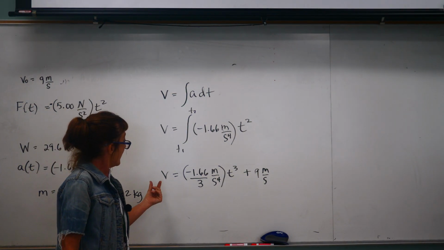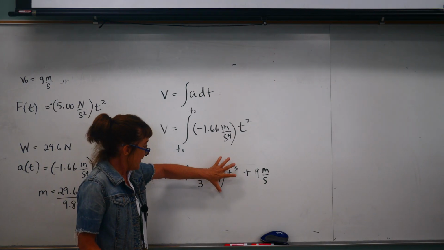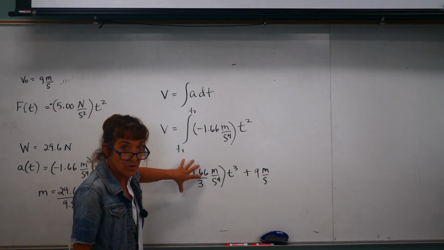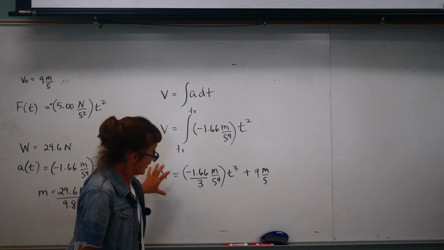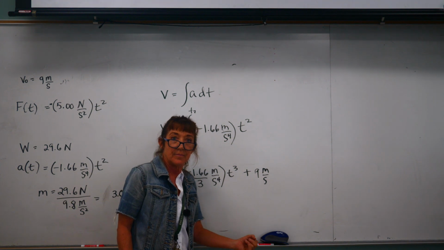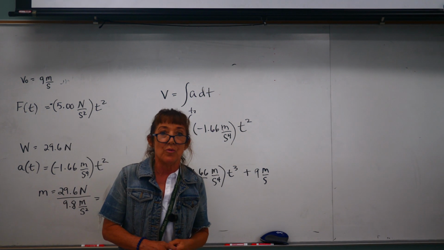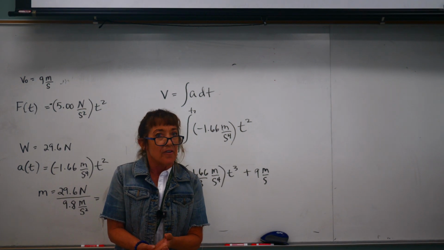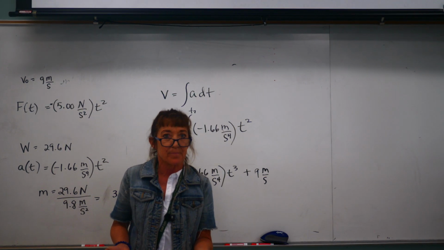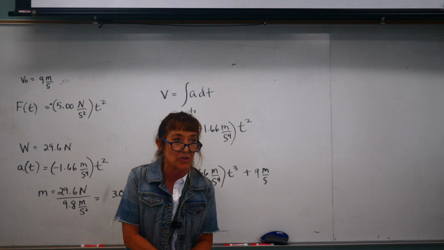Okay? So if I have 0 here, this term goes to 0, and I know v is 9 then. So this is my c, so c has to be 9. Clear, everybody? All right. So in physics, doing these problems, you get your c from the initial conditions.